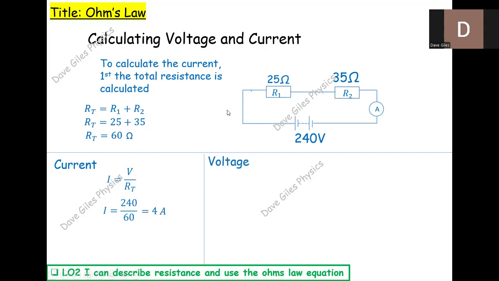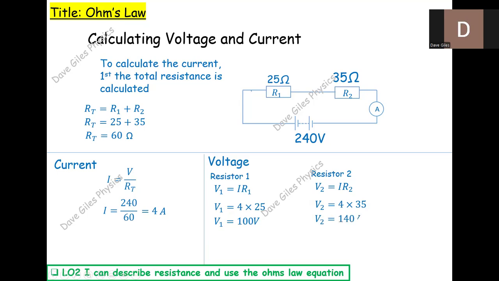And the voltage across each resistor, so across resistor 1, V equals I times R1, so it's 4 times the value of R1 of 25, which gives me 100 volts. And the same process for resistor 2, V2 equals I times R2, 4 times 35, which is 140 volts.